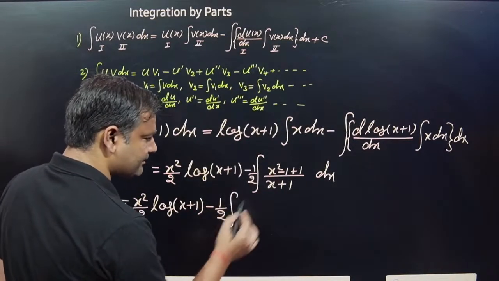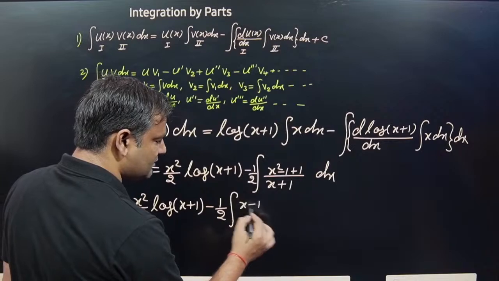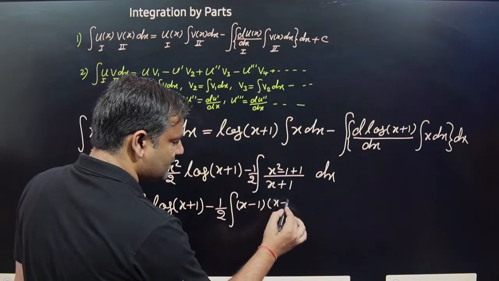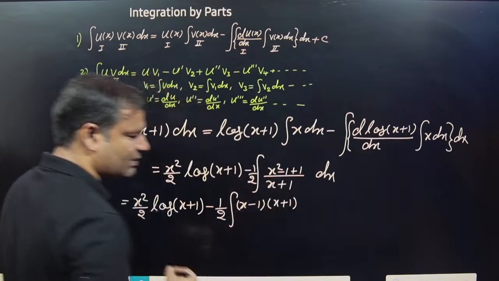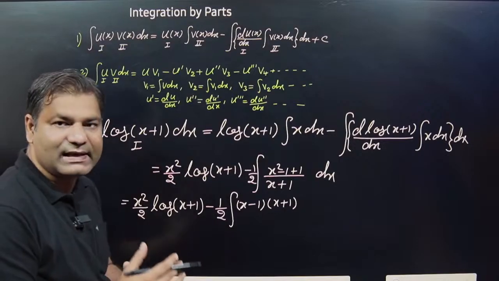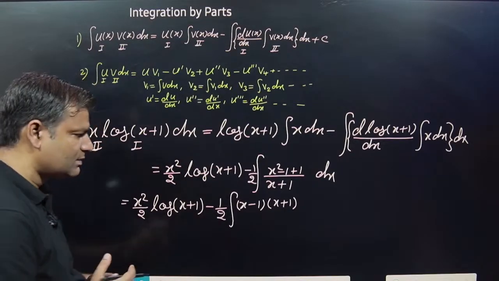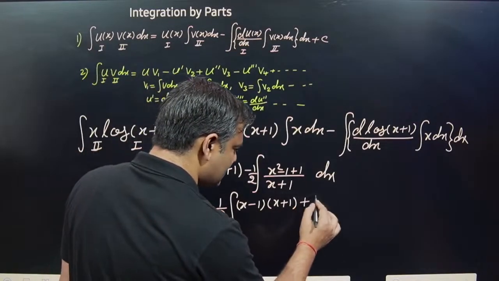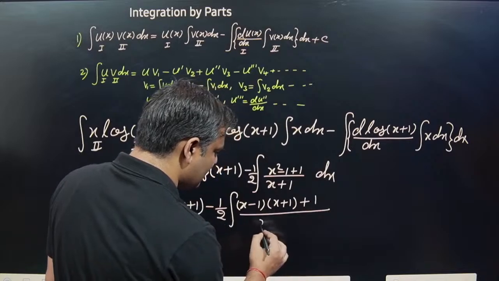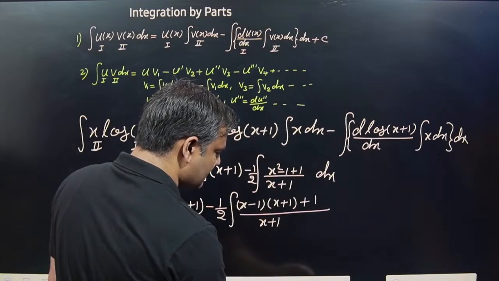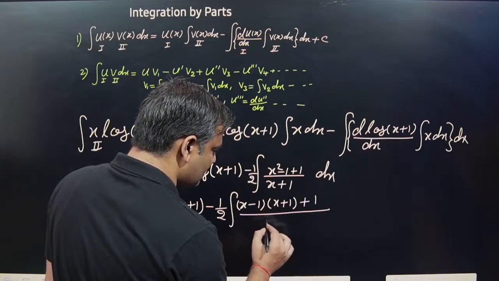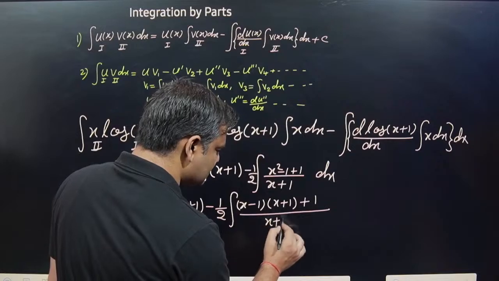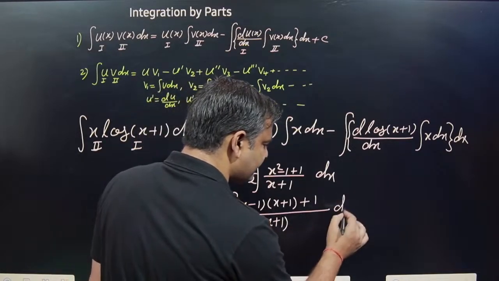Now look here, x square minus 1 is written as x minus 1 into x plus 1, and here plus 1, divided by x plus 1, into dx.